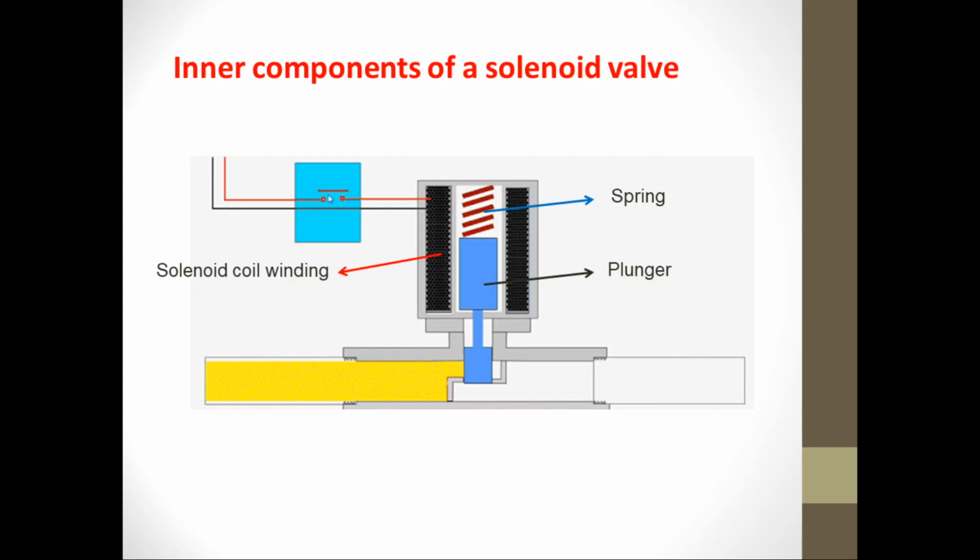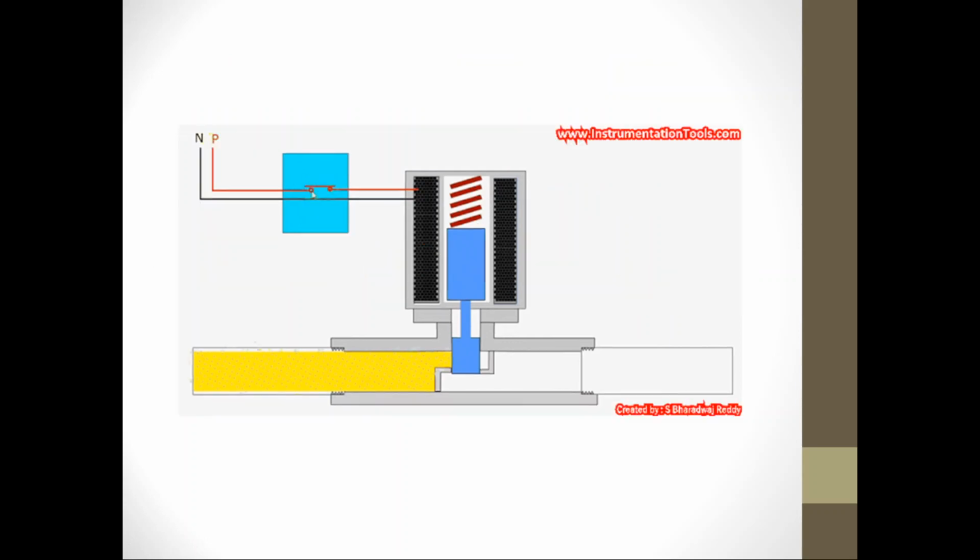So how does the solenoid valve work? First, the solenoid valve must be supplied with the rated voltage, P for positive, N for negative, through a push button switch.